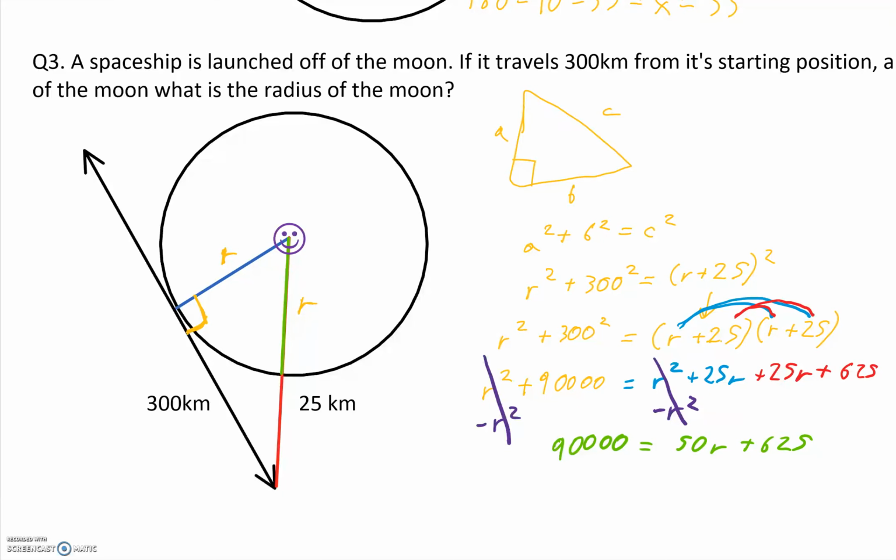Now we can see, well, we subtract 625, subtract 625. If you do it to one side, you have to do it to the other. So we're left with, okay, this is going to be a big mess of numbers. 90000 minus 625, 89375, and 50r.